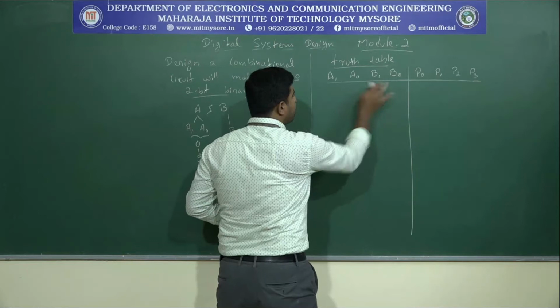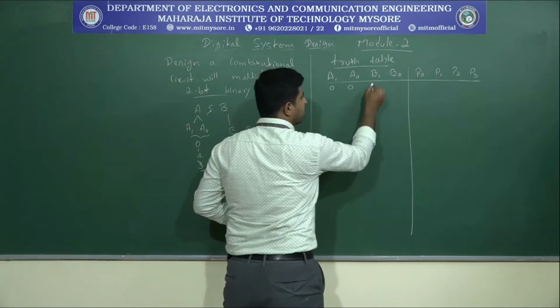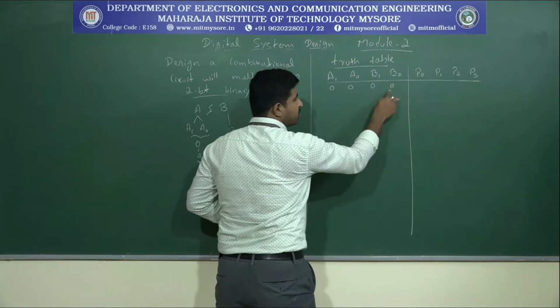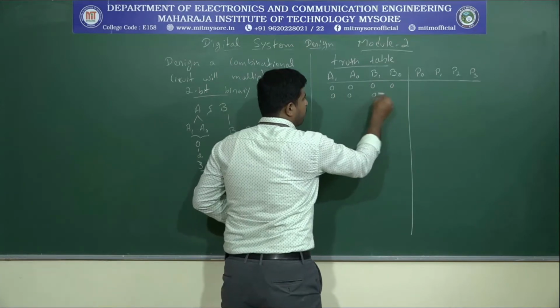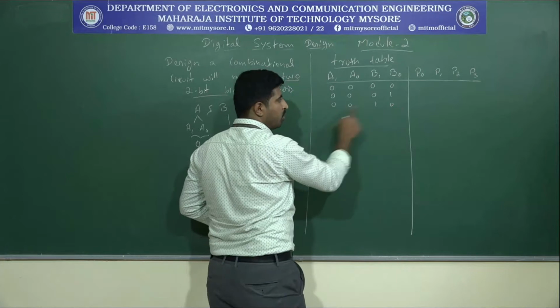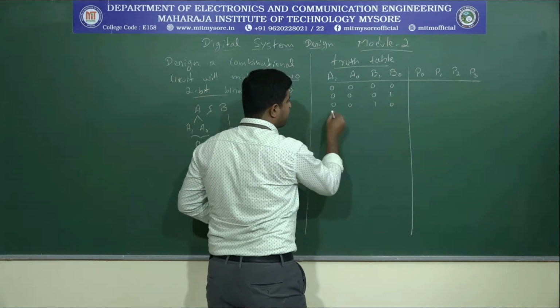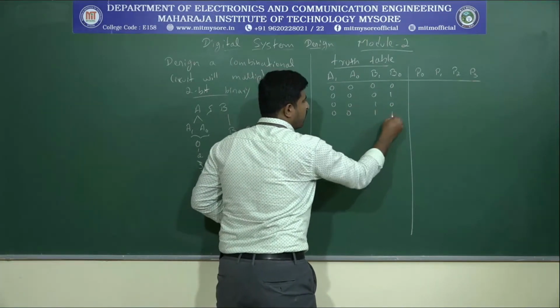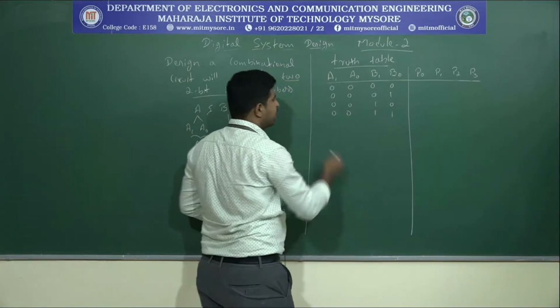We need to multiply the 2-bit numbers. So this is 0, 0 times 0, 0; 0 times 1; 0 times 2; 0, 0, 1, 0 is 2. Next 0, 0, 1, 1, 0 multiplied with 3.